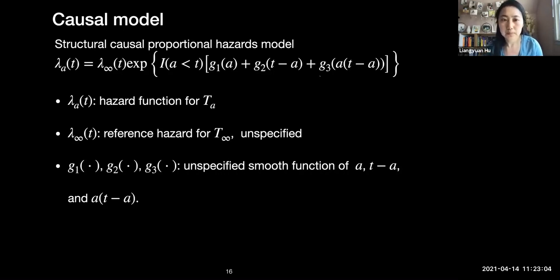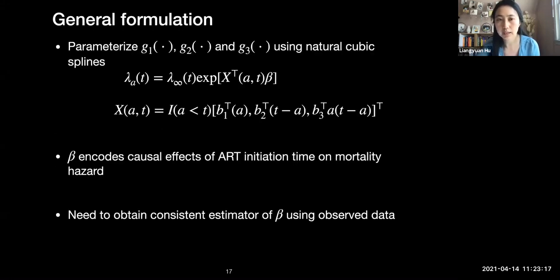So we left the model highly flexible. The reference hazard was left unspecified. And also we'll use smooth functions to estimate the 3 G functions. Specifically, we could parameterize the 3 G functions using natural cubic splines.